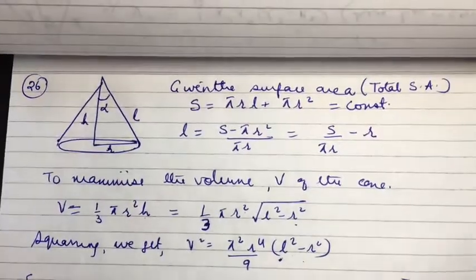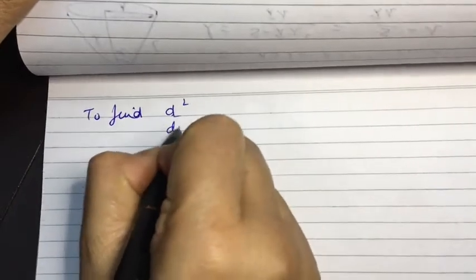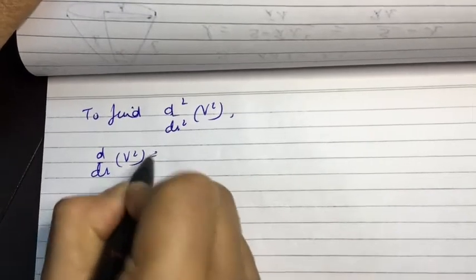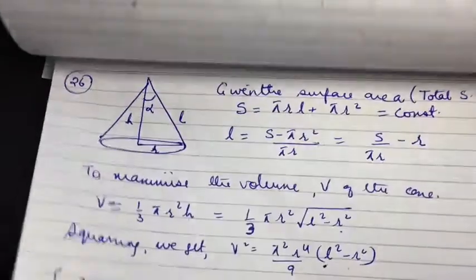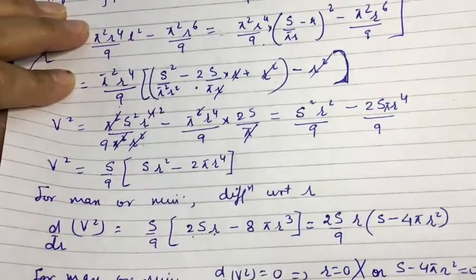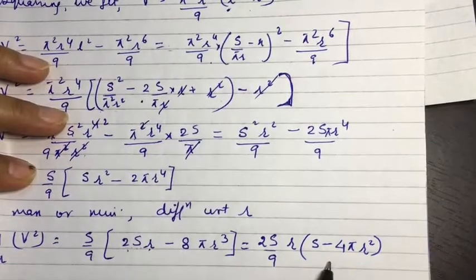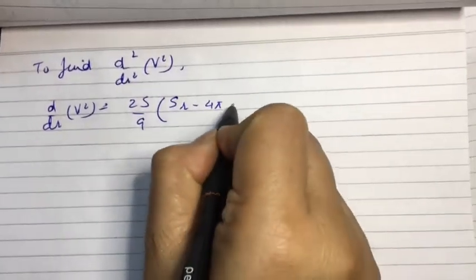Now corresponding to this we have to check the second order derivative. So to find d2 over dr2 of v square, we first write d by dr of v square. What is d by dr of v square? We have got 2s over 9, I am taking this r inside, and so we get sr minus 4 pi r cube.